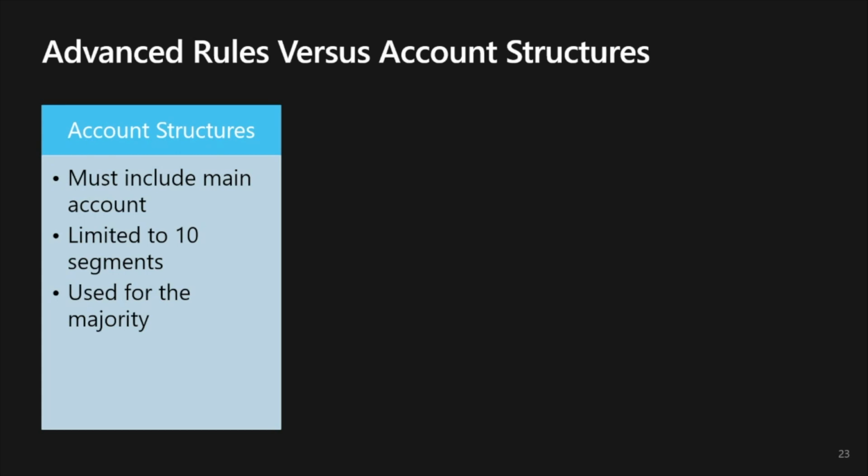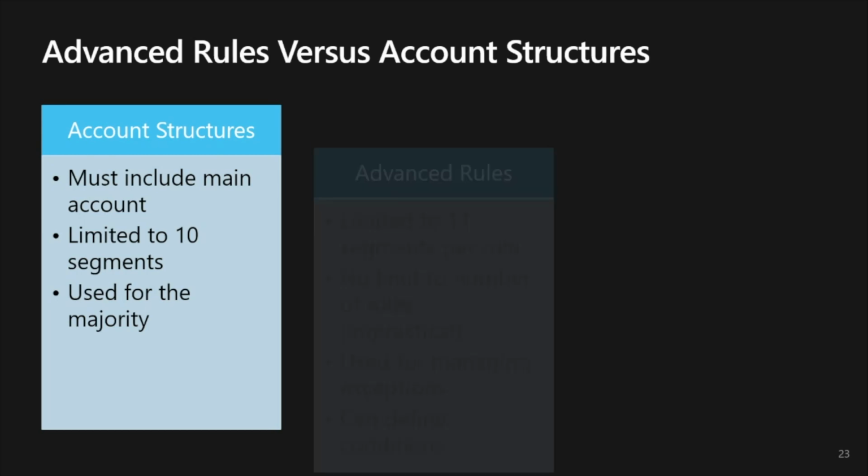The account structure is also limited to 10 segments in addition to the main account. Your account structure should be used for most of your allowed combinations, and your advanced rules should be used for the exceptions.